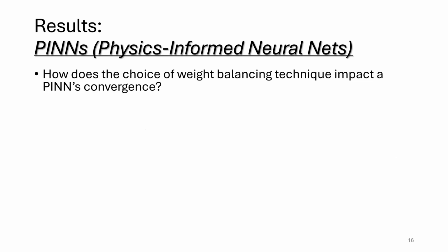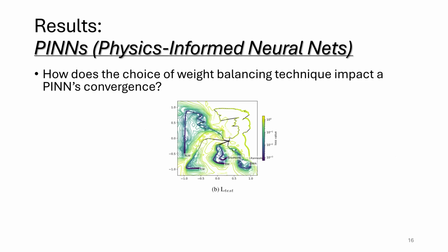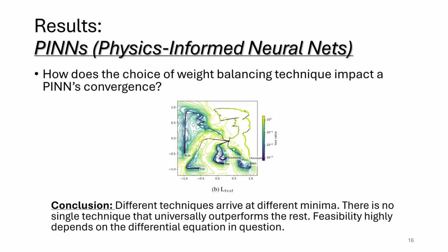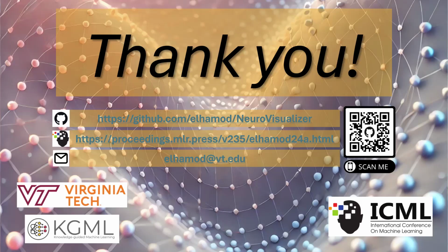For example, some researchers have suggested that using learning rate annealing achieves better results when solving the Helmholtz equation. While plotting the loss landscape shows that different weight balancing techniques converge to different minima, it is not clear that any specific technique is superior, implying that not all PDEs benefit from learning rate annealing equally.